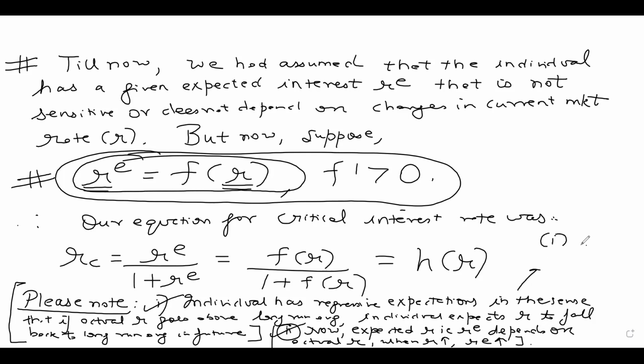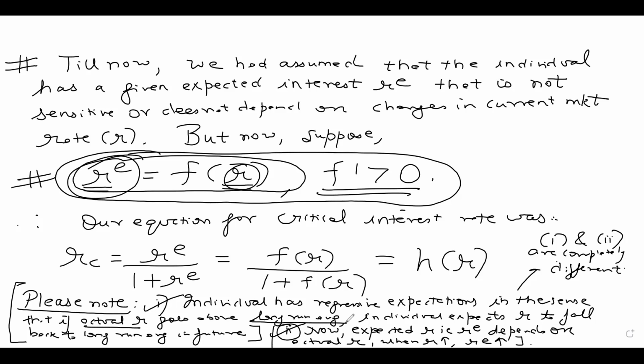They are not the same. So students should not get confused. You should not think, sir, you have written f dash as positive, that means when R goes up, RE is also going up, so how regressive? It should be progressive. No. Regressive is concerned with comparison of the actual R with the long run average. Regressive has nothing to do with comparison of RE with R.